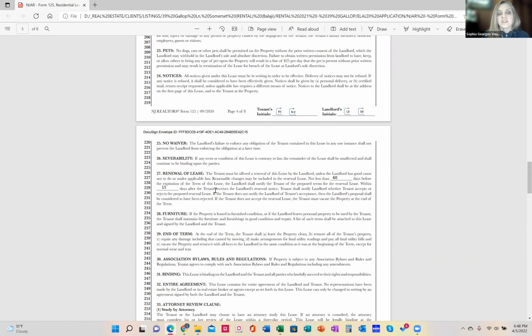Within 15 days after the tenant receives the landlord's notice, they're supposed to give a response. So basically, 2 months before the lease term ends, the landlord opens it up if they want to renew the lease, and 15 days later the tenant tells the landlord yes or no. That allows for 45 days. That was my thinking, that if they say we're not going to renew, that gives you 45 days to relist it for the landlord and find a new tenant.